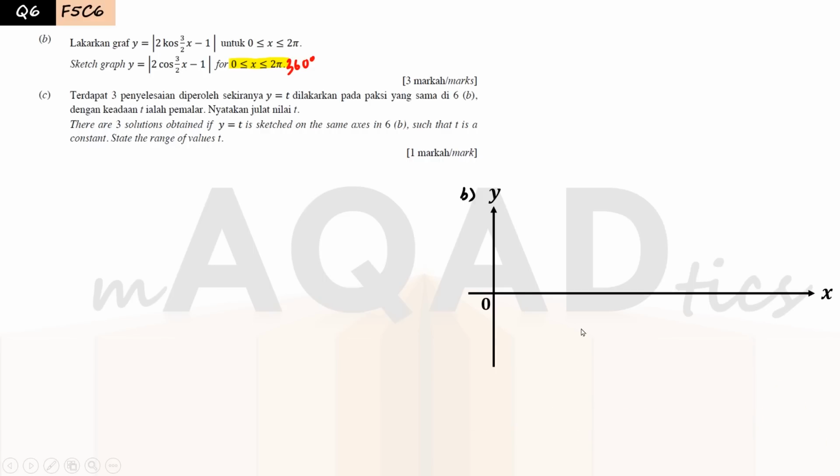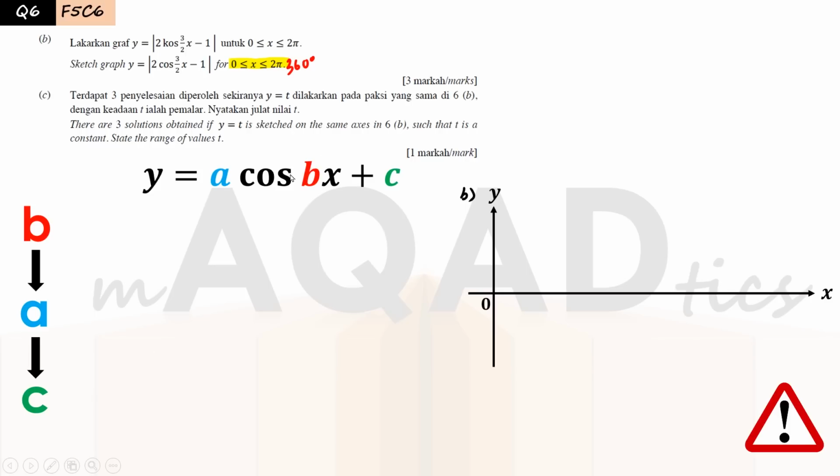Okay, so the technique that I'll always use to sketch trigo graphs is to follow this sequence B, A, C. And what does this B, A, and C represent? Alright, so B will be the value of x, which is 3 over 2, and this value of B is the number of cycles that we need to draw within 360 degrees.